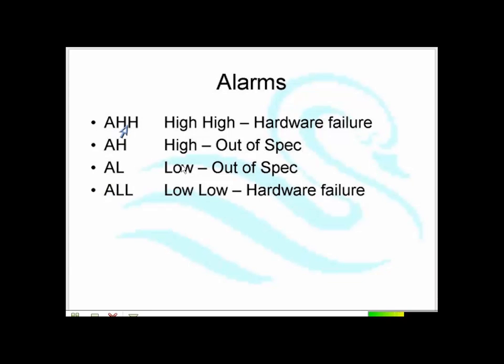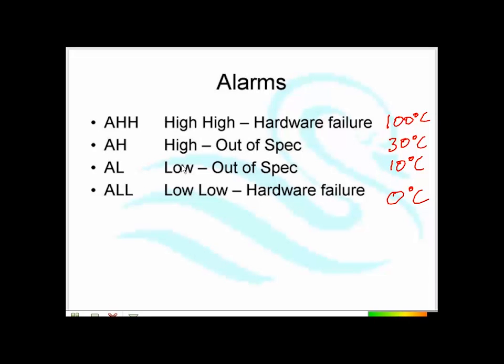So if you had a room temperature sensor, for instance, then you could maybe have a high of 30 degrees C and a low of 10 degrees C, because that would make you uncomfortable. But you would have a high high of 100 degrees C and a low low of 0 degrees C. I'm talking about in Australia here.